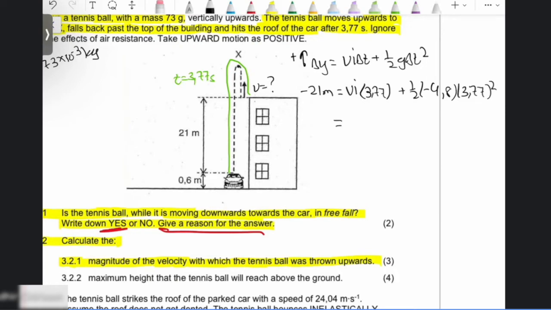And then we're just solving for our initial velocity. Okay, so I'm getting initial velocity as 12.9 meters per second.